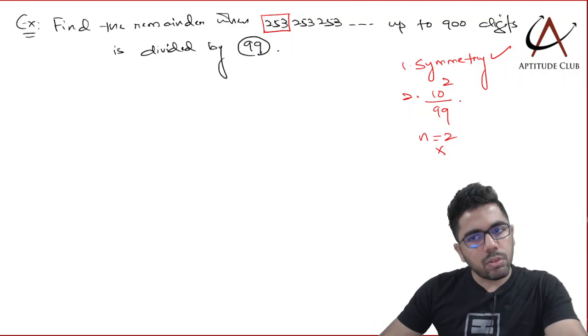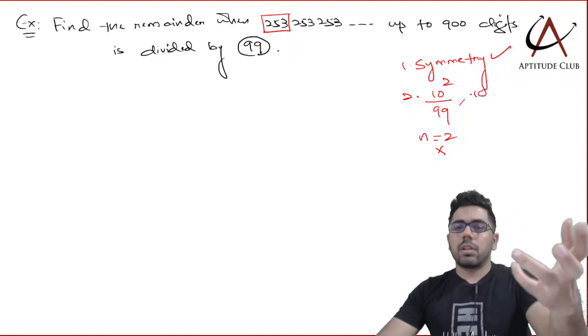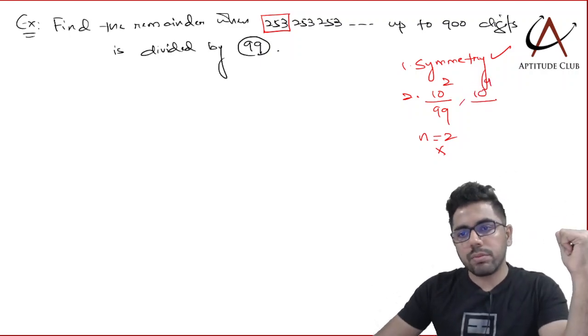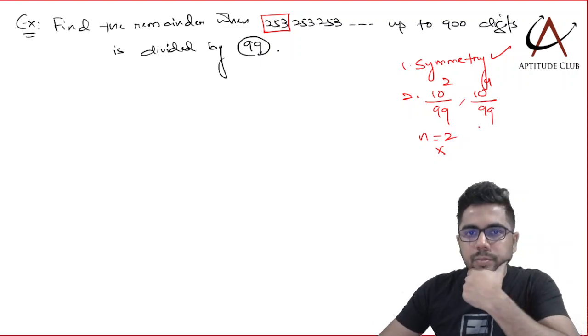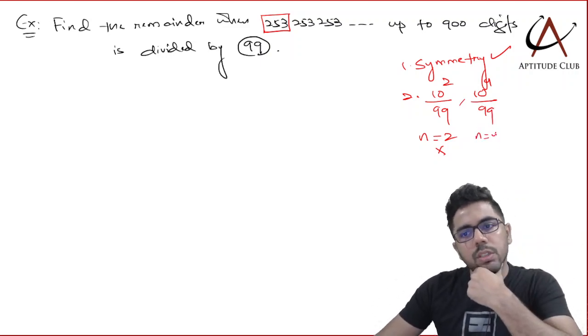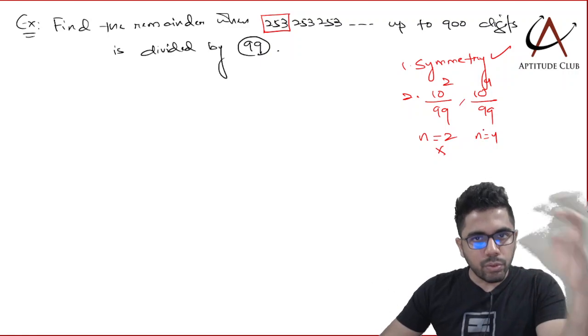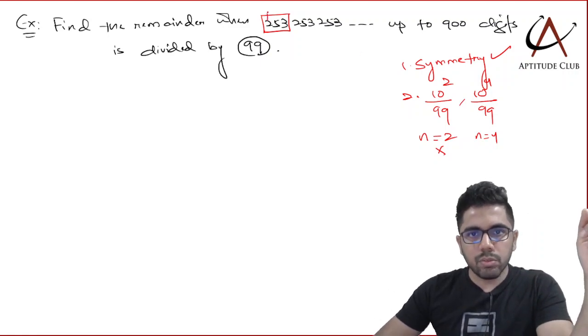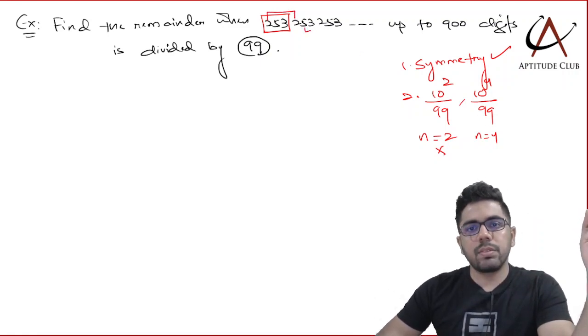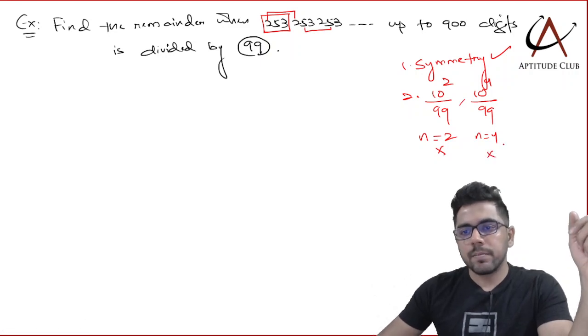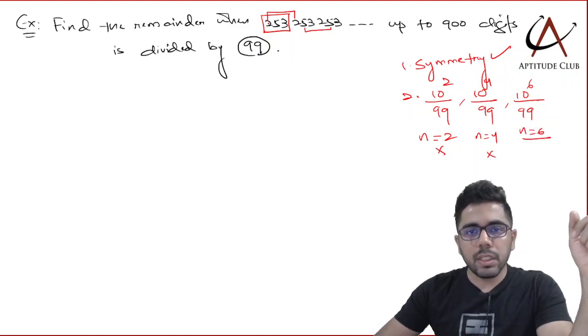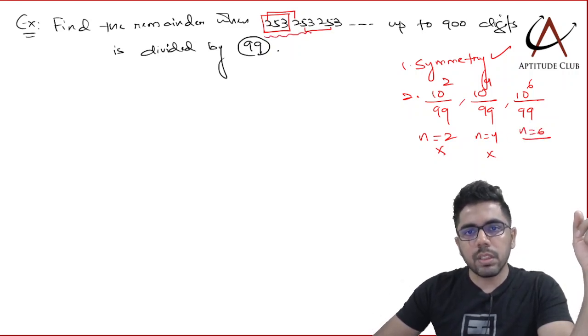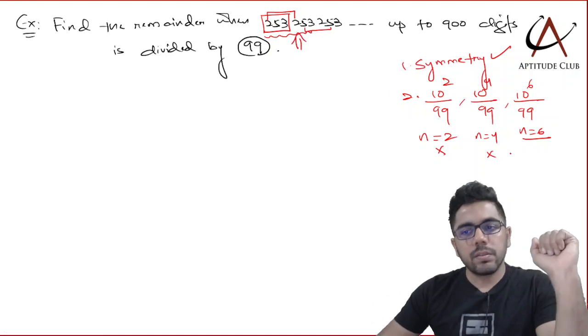So if 10 to the power 2 is not working, I'll go with the next power where 2 comes, so 10 to the power 4 divided by 99 I can do. And if I take 10 to the power 4, then n equals 4. If I'm taking 4 digits, do I get the repeating unit? 2532, then 5325, that is not happening. Then I'll figure out the next power, 10 to the power 6 divided by 99. Here n is equal to 6, and if I'm taking 6 digits, 253, 253, here the symmetry is maintained.